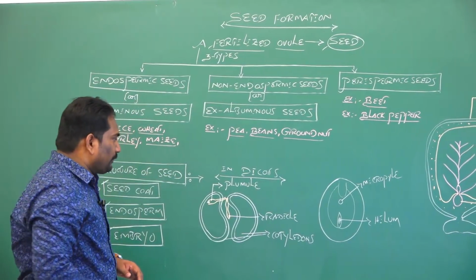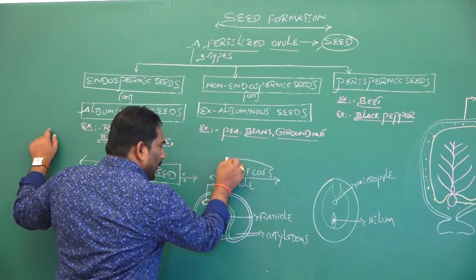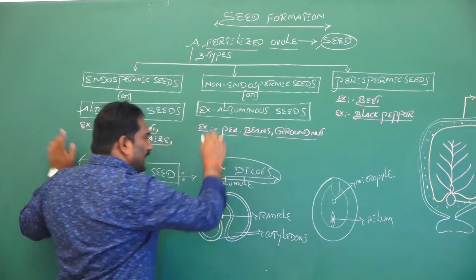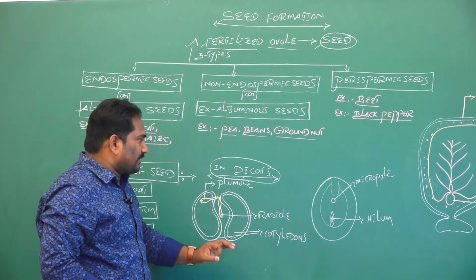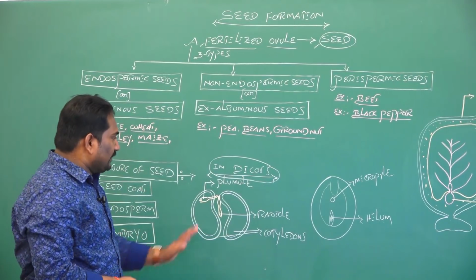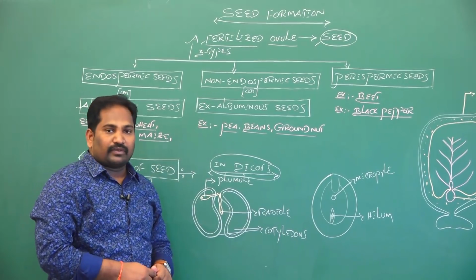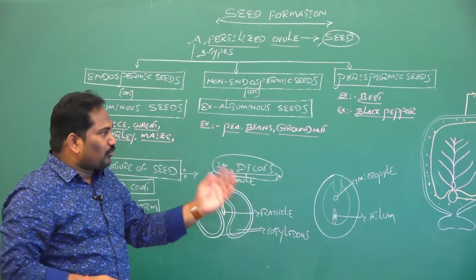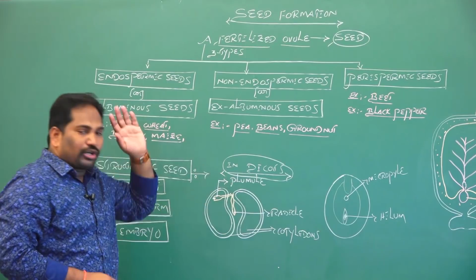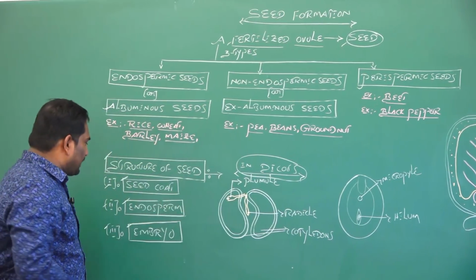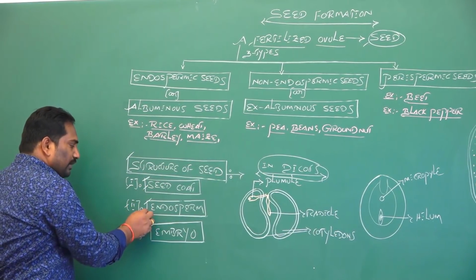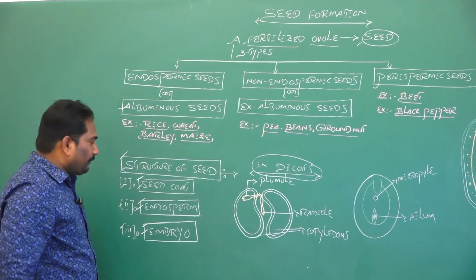For example, this is the basic structure of a dicotyledon seed. Any seed, either monocotyledon seed or dicotyledon seed, has three major parts: seed coat, endosperm, embryo.